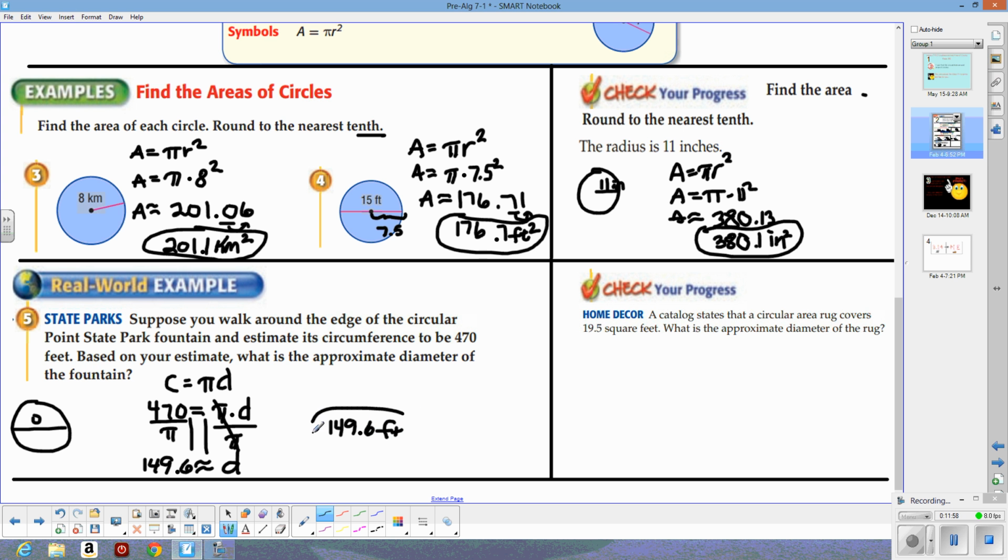You may want to pause the video and try the next one on your own. It says the catalog states that a circular area rug covers 19.5 square feet. What is the approximate diameter of the rug? Well, if we say that the rug covers 19.5 square feet, we're talking about the area. So we're going to use area equals pi r squared.